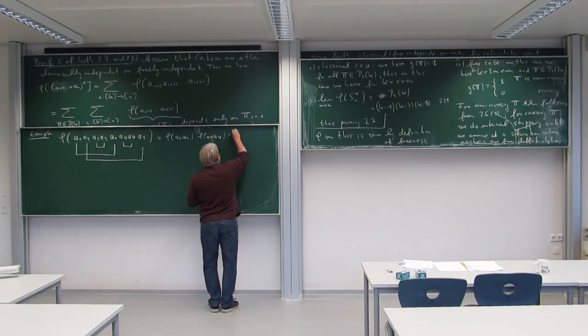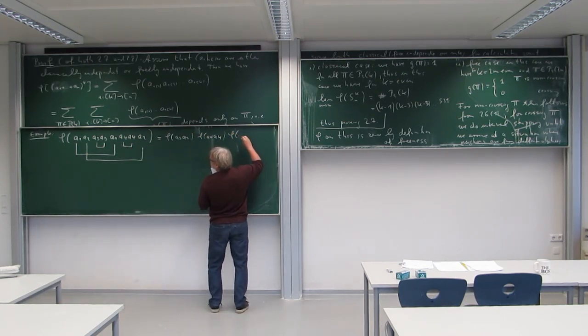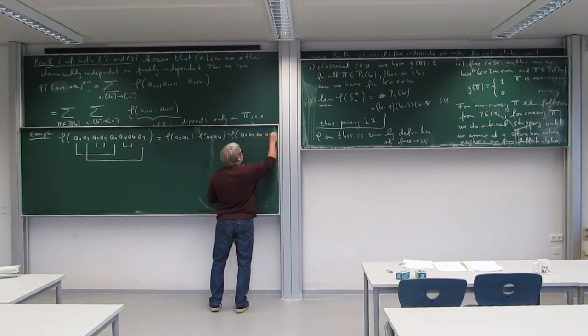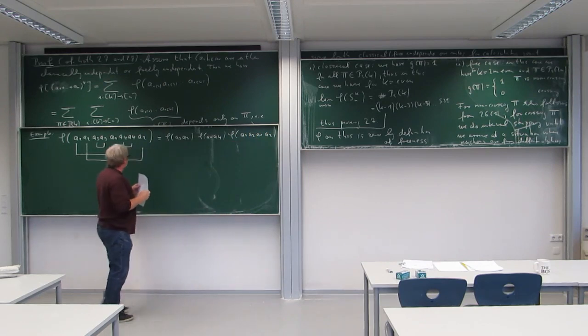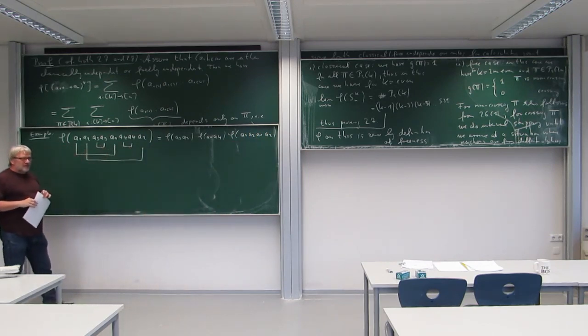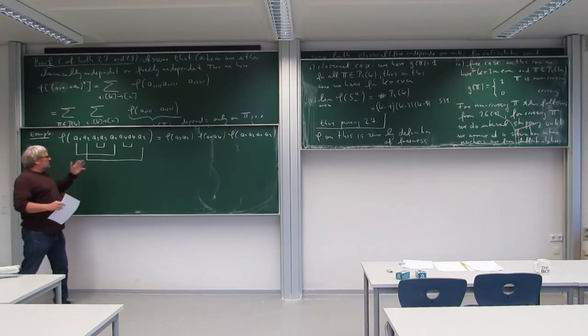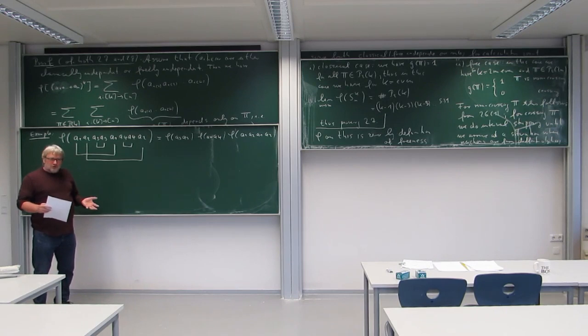In this case, we are left with phi of A1, A2, A1, A2. And if our partition is crossing, then we must arrive at some point at such a situation. Because otherwise, we could strip away everything up to the end, and then it would be non-crossing.